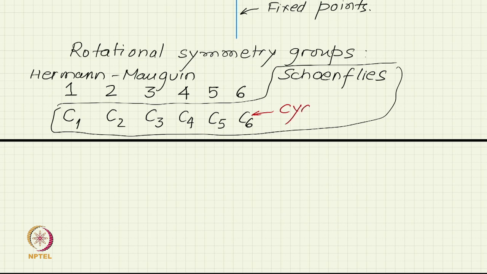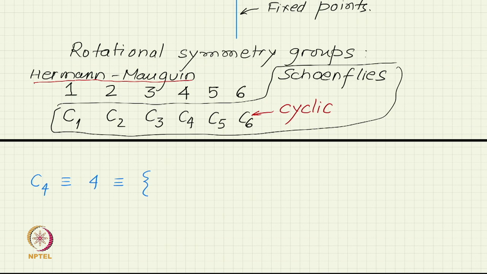So, Schoenflies tries to tell us that these are a cyclic group of order 1, a cyclic group of order 2, whereas in the Hermann-Mauguin notation you just have to know that it is cyclic and only the order is given. So, let us say C4, the Schoenflies notation. Either you call it C4 or you call it 4, it is actually a symmetry group of rotations.